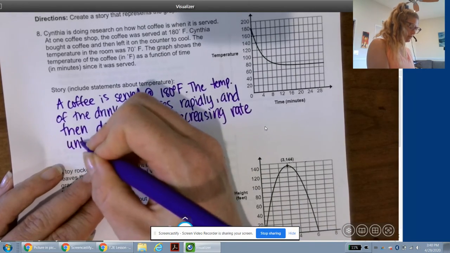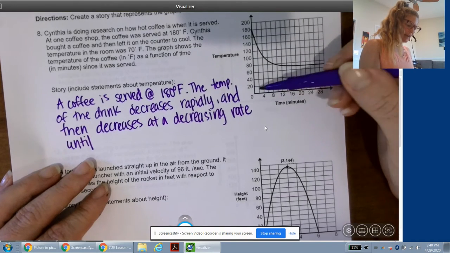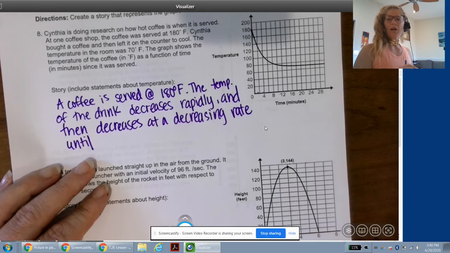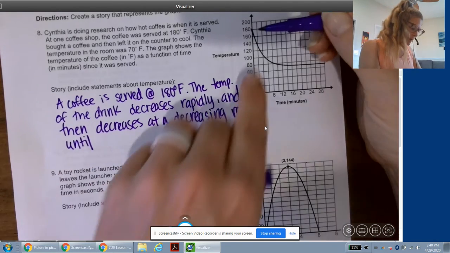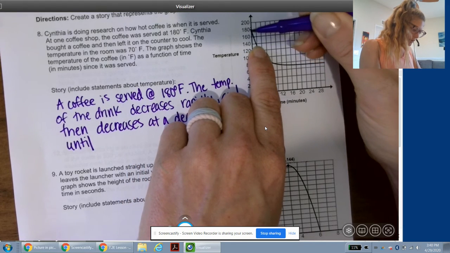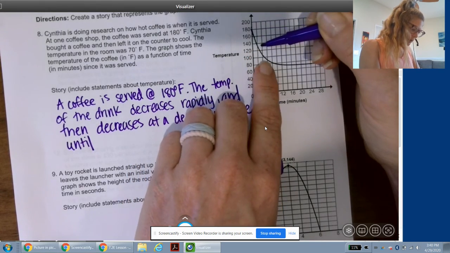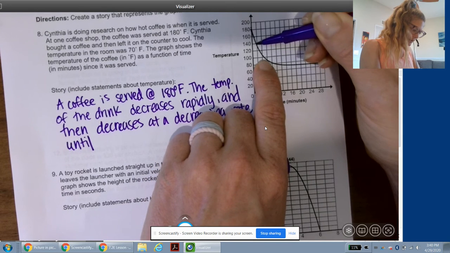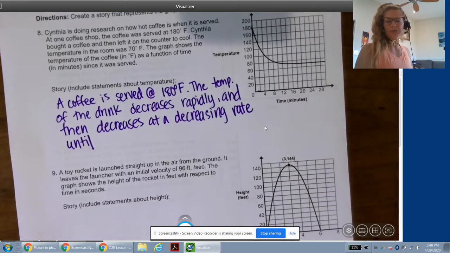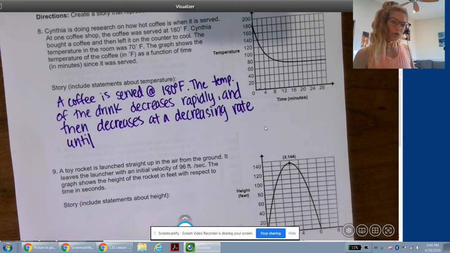Until, and what that means is every 2-second interval, we're still going to decrease from the previous temperature, but we're not going to decrease as much. So maybe we're decreasing by 40 degrees, and then we're only decreasing by 20 degrees, and then only 10 degrees, and then only 4 degrees, and only 2 degrees.